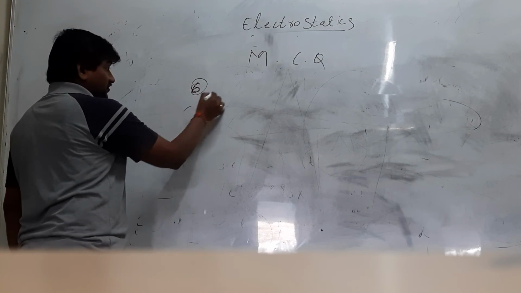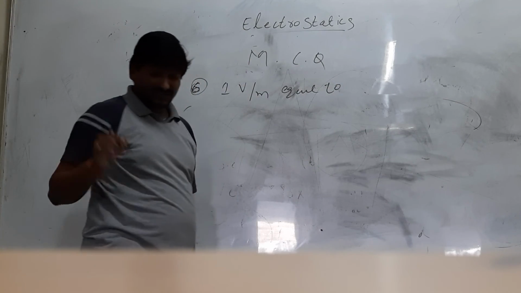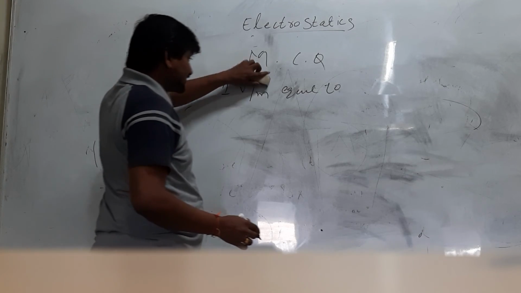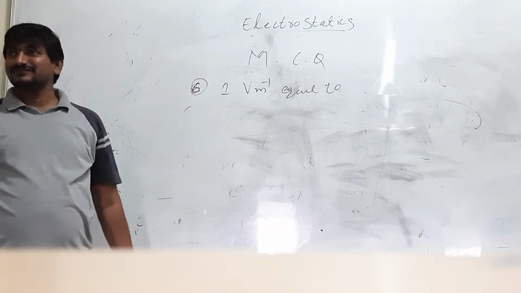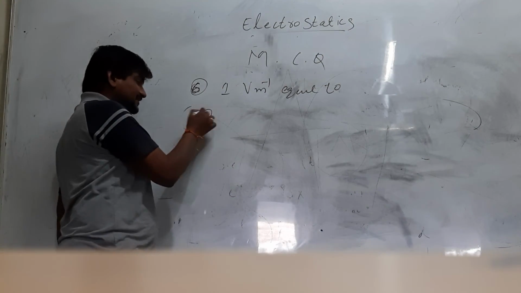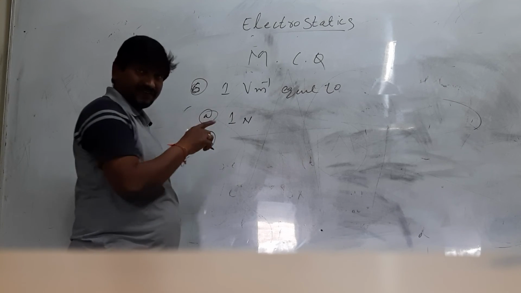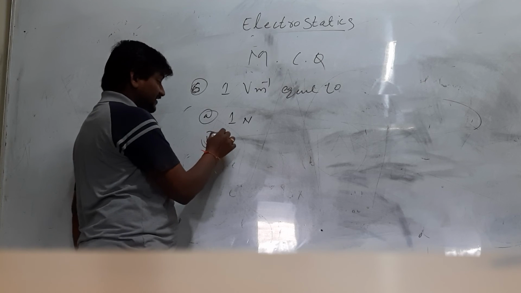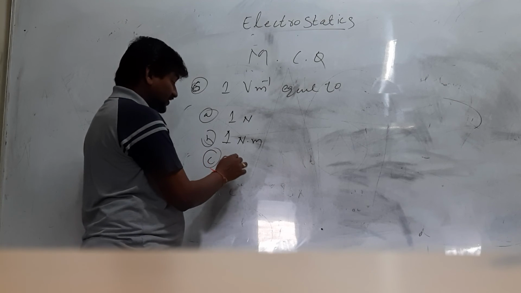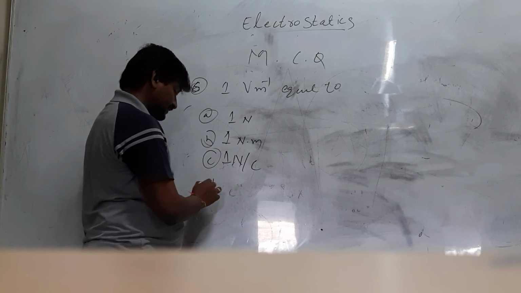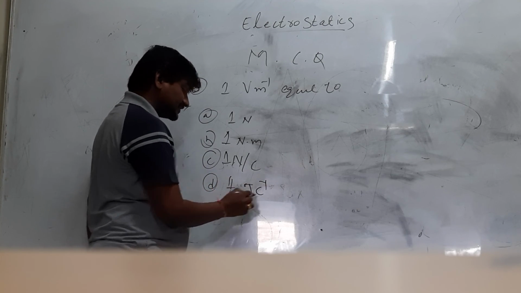This is the sixth question: 1 volt per meter equals to. The questioner has asked 1 volt meter inverse equals to. The options are given like this: 1 Newton meter, Newton per coulomb, and joule coulomb inverse.